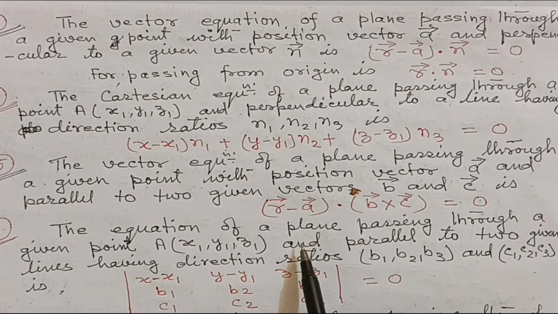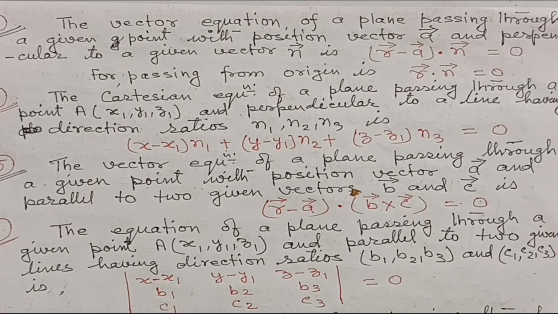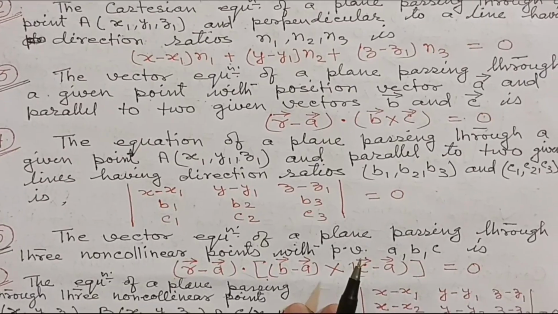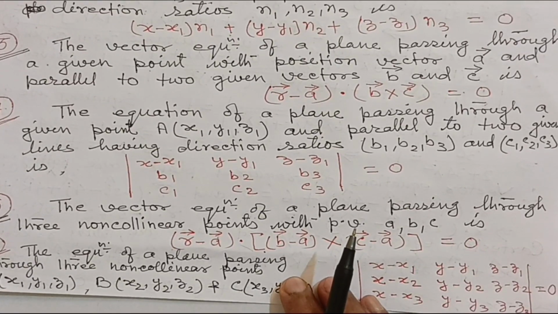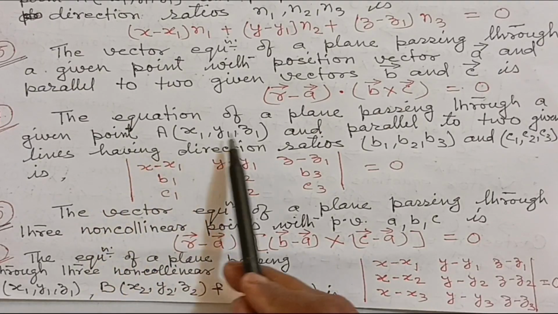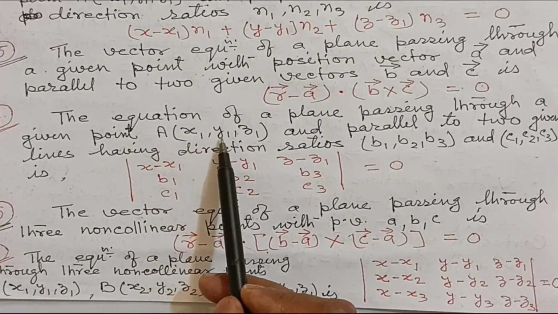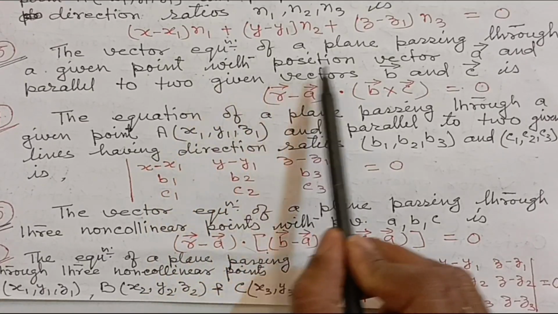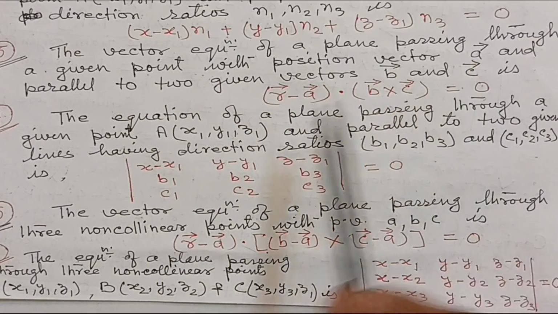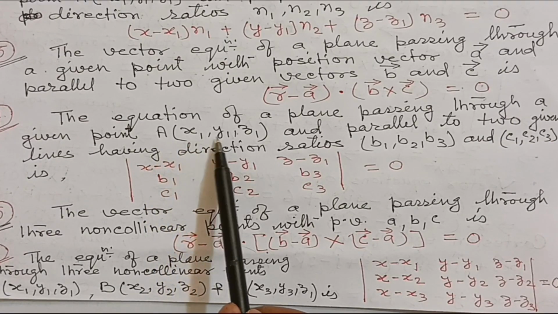Now its Cartesian equation. The equation of a plane passing through a given point A, x1, y1, z1. Here, passing through a given point with position vector A means passing through a given point having coordinates x1, y1, z1.